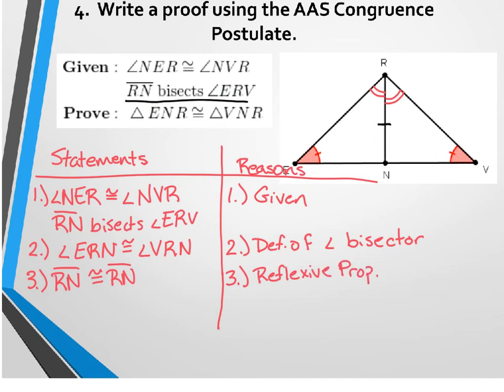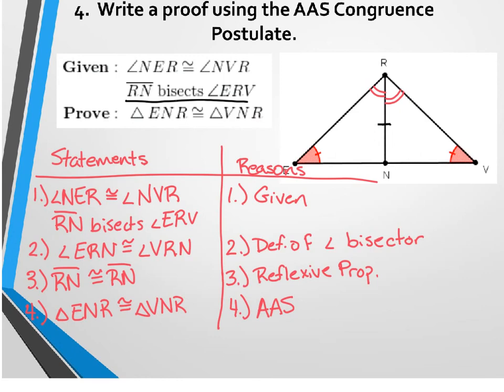Now, the last statement that we need to make is that these 2 triangles are congruent because we have just shown by angle, side that these 2 triangles are congruent. So statement 4, triangle ENR is congruent to triangle VNR by angle, side. And that is it for these 2 proofs that I've just shown you.